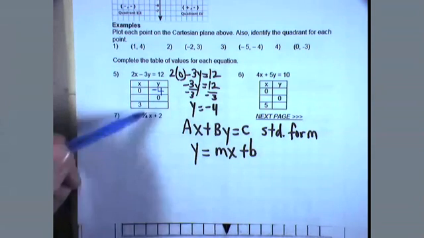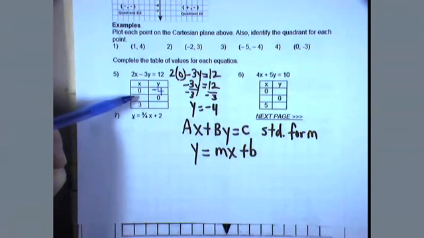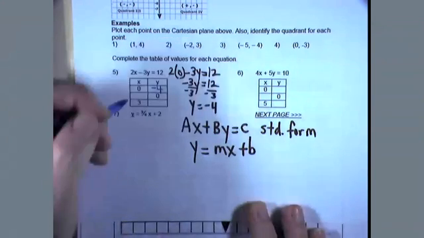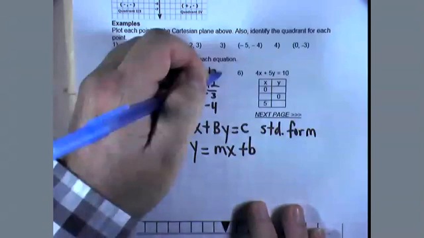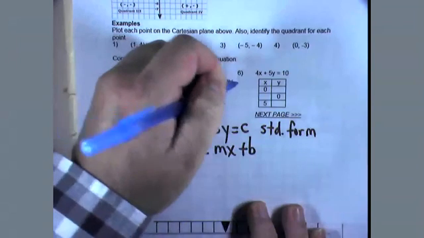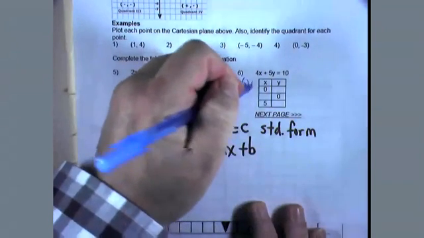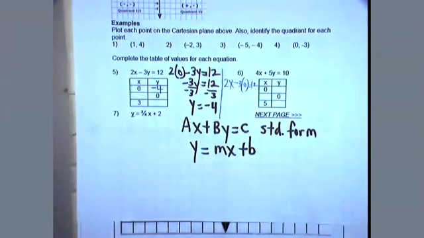The second line, we let y equal 0 now and find x. So we have 2x minus 3 times 0 equal to 12. Well, the 3 times 0 part disappears. That's actually 0.